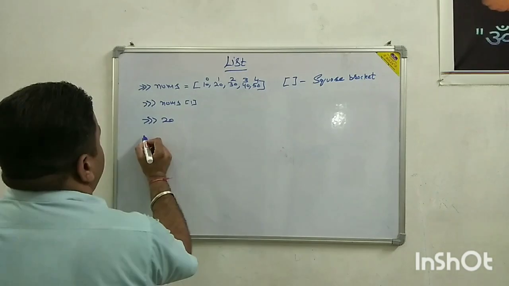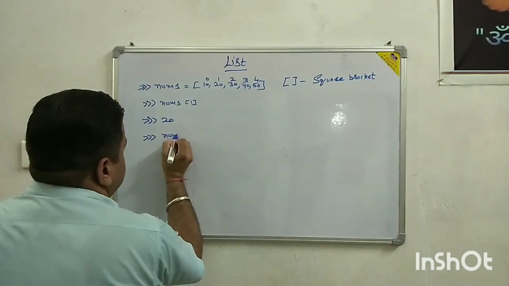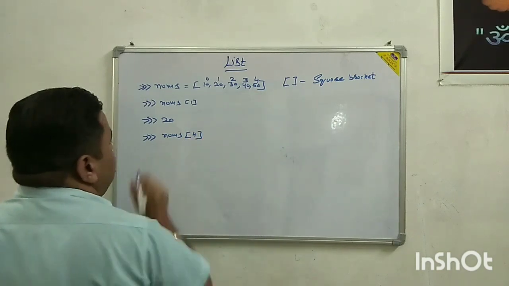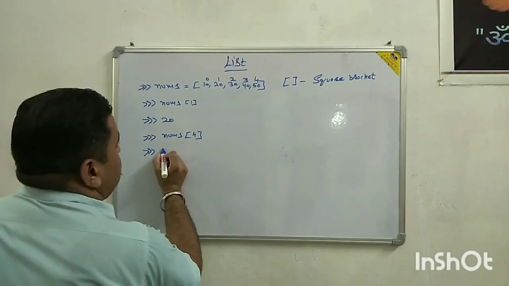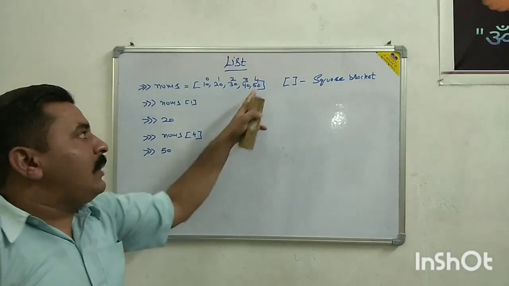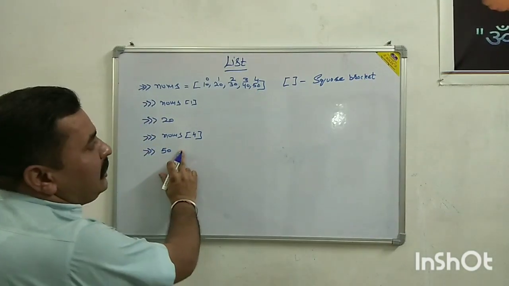And if we write nums with index value 4, then the result will be 50, because the element at index 4 is 50.